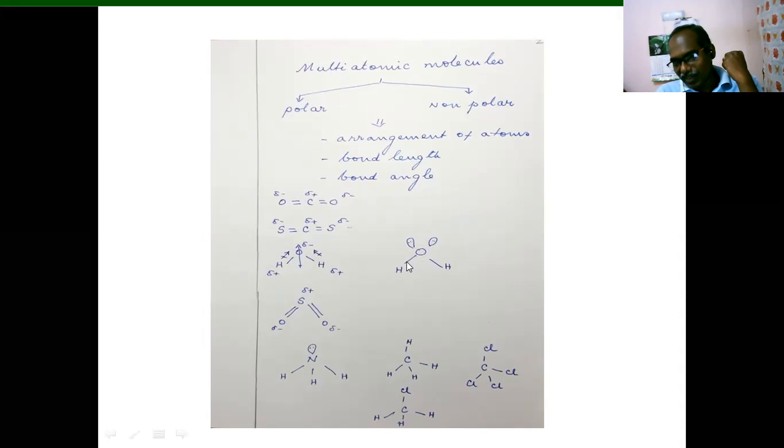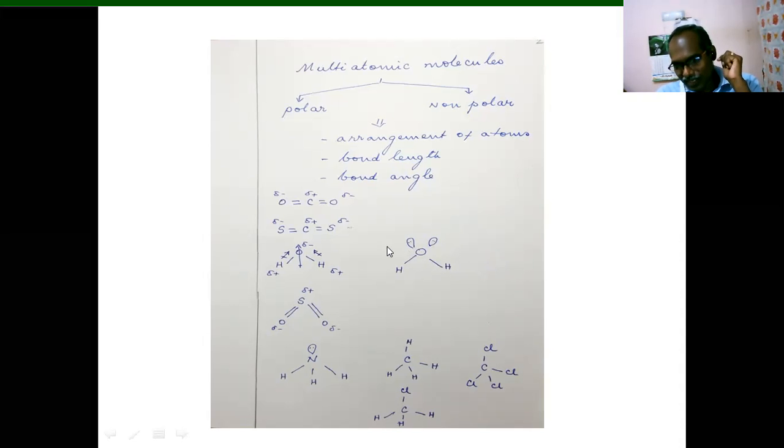But all these things are happening, and apart from this, the lone pair repels the bond pair. Therefore, what happens? The bond is bent. If these two lone pairs were not there, the water molecule would exist in a linear shape.